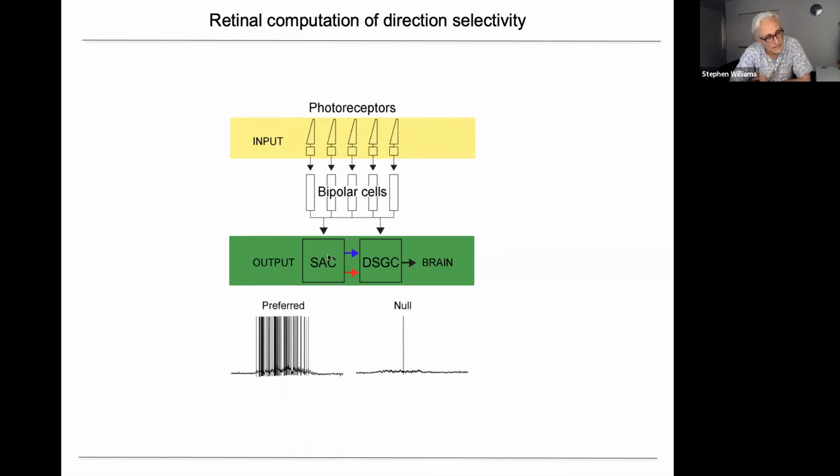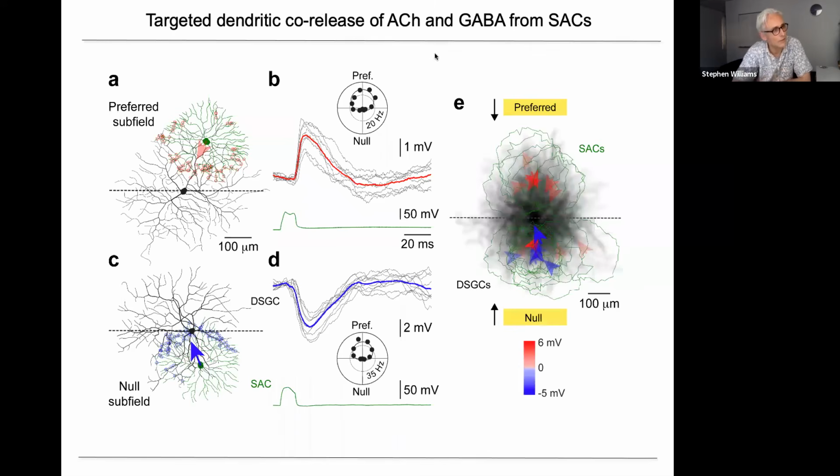This is mediated through GABAergic inhibition stemming from the starburst amacrine cells onto the DS cells. And we can make paired recordings between DS cells and starburst amacrine cells and show that activation of starburst amacrine cells produces profound synaptic inhibition.